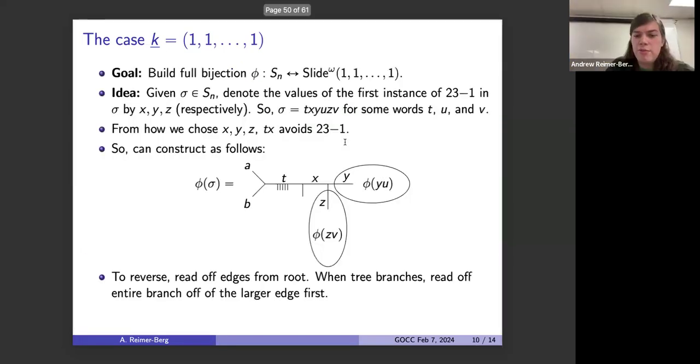Yeah, so going the other way, you basically start with the tree, you create its edge labels, and then start at the root, which I think of as being where A and B are, and just read off the edge labels going down the tree. When you get to a branch, the edge at the start of each branch has a label.